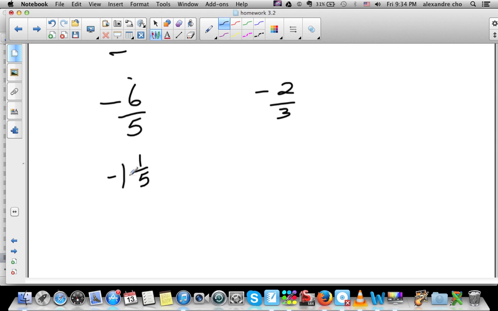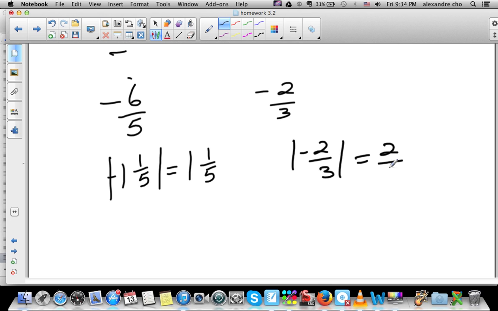So therefore, negative 6/5 is less than negative 2/3. He says the absolute value is greater. The absolute value of this guy, remember, absolute value has 2 bars like this, is 1 1/5. Okay, because that's how far it is away from 0. And the absolute value of negative 2/3 is 2/3, because you need to move 2/3 to get to 0. So that's the absolute value of that one.